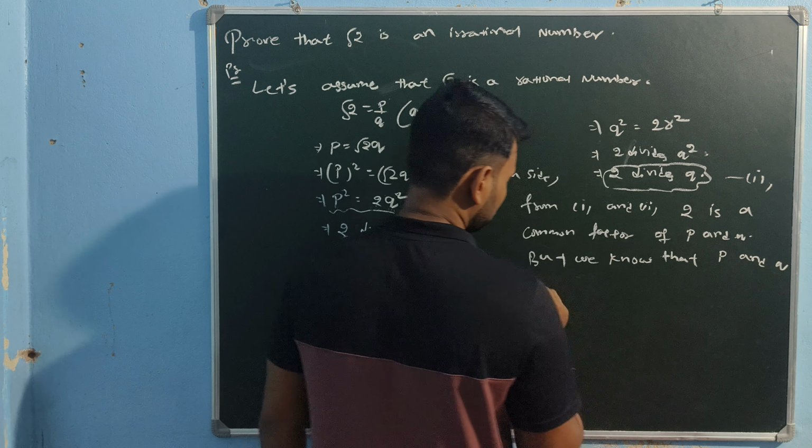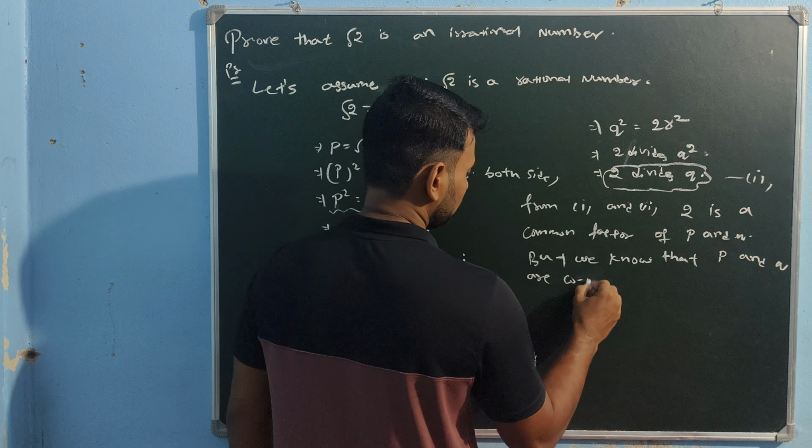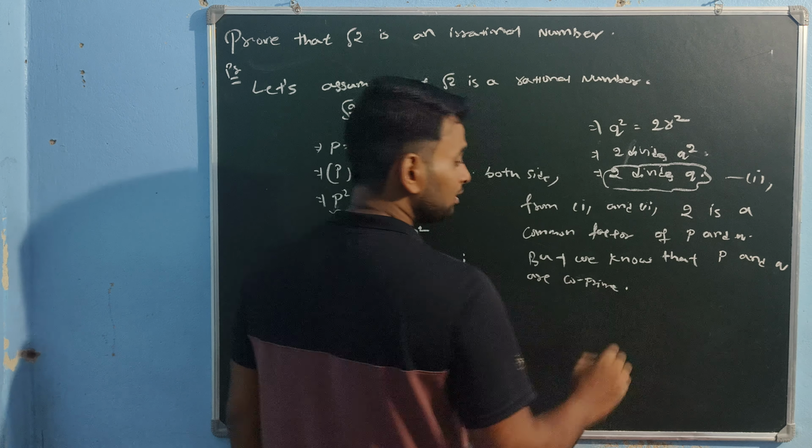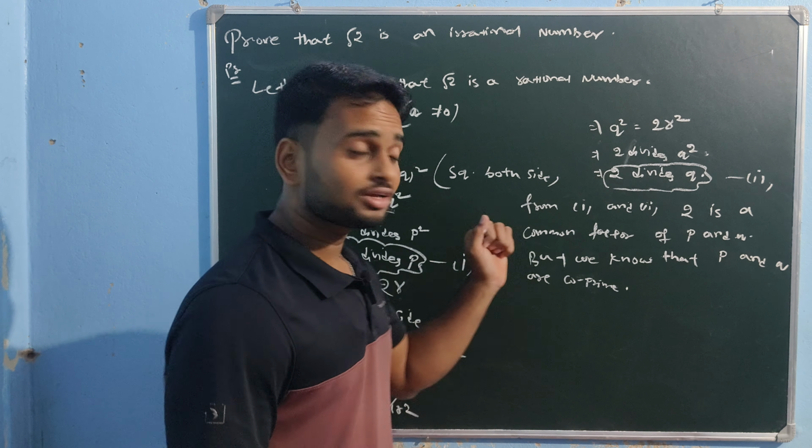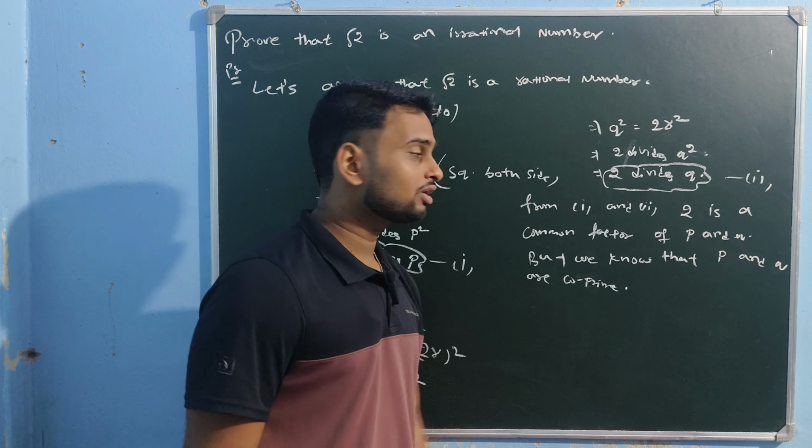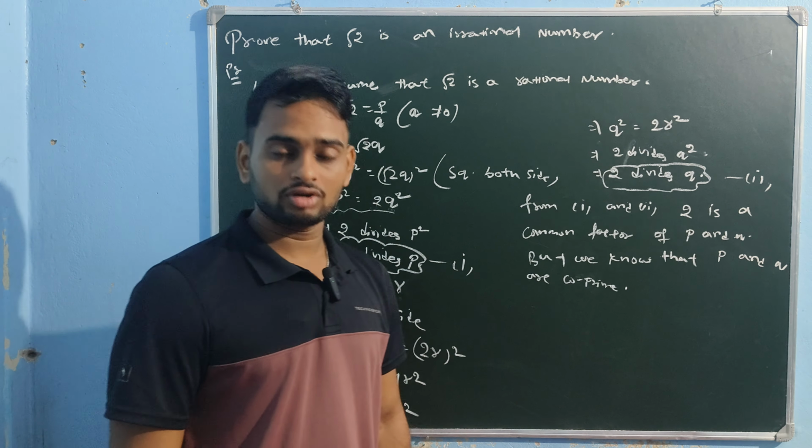But we know that p and q are co-prime, that means only 1 is the common factor of p and q. But here 2 is a common factor of p and q, which contradicts our assumption.